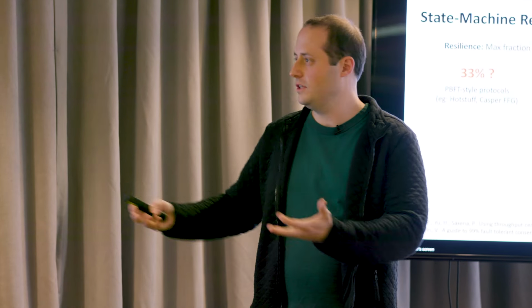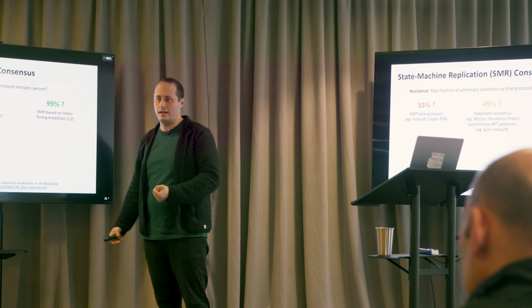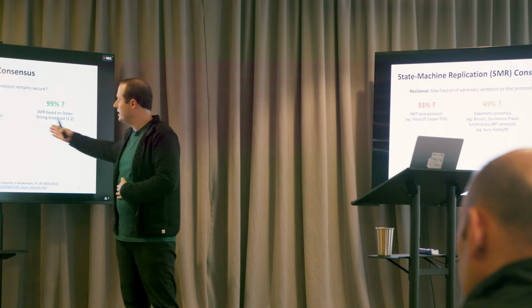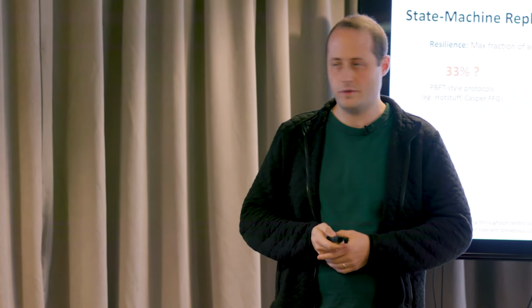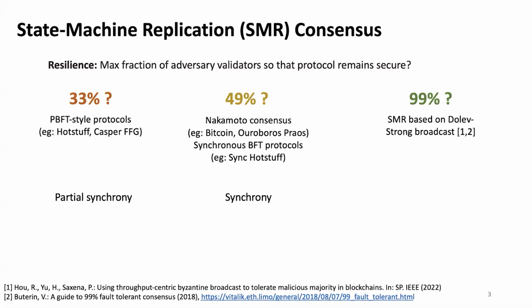If we have protocols that work for 99%, why would we operate at 33%? Or if we have 99%, why would we operate a protocol that is 49%? If you dig a little bit deeper, the difference between the first two columns is easily explained.